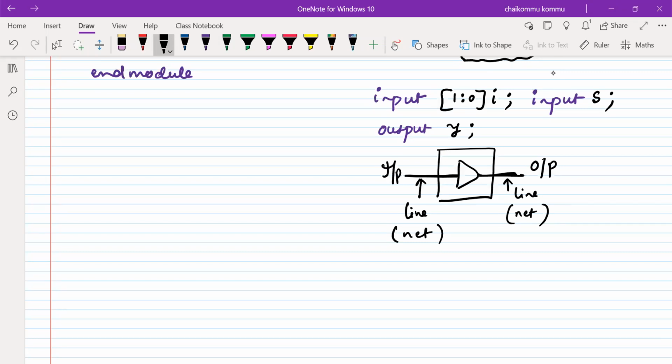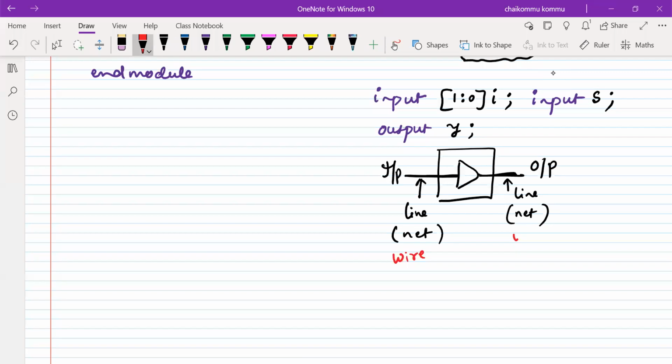Nets have different types. For this particular net, we use the data type called wire data type. We have seen something about this one. Wire data type we have to use. This one also we need to consider as a wire data type.